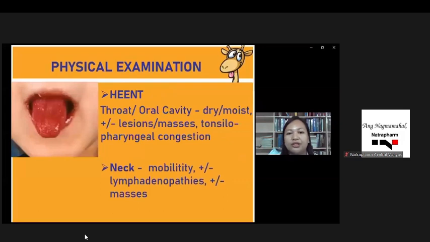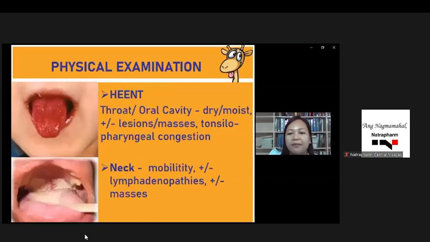Presence of strawberry or raspberry tongue is seen in specific stages of scarlet fever, as well as in Kawasaki disease. Examine also the oral mucosa, those having creamy white reticular flakes commonly seen with thrush. It is caused by Candida albicans.